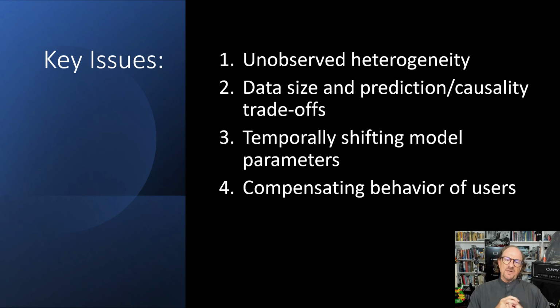And the fourth point that I'm going to talk about today relates to the compensating behavior of users. So what this refers to is sometimes you may implement an ITS strategy to improve safety. And what you find out is that safety doesn't improve at all, or it improves much less than you thought.